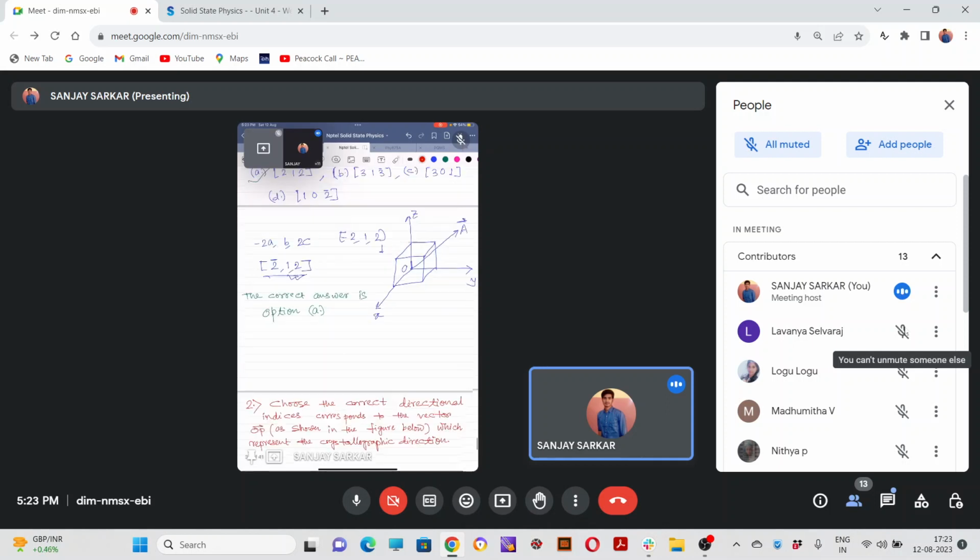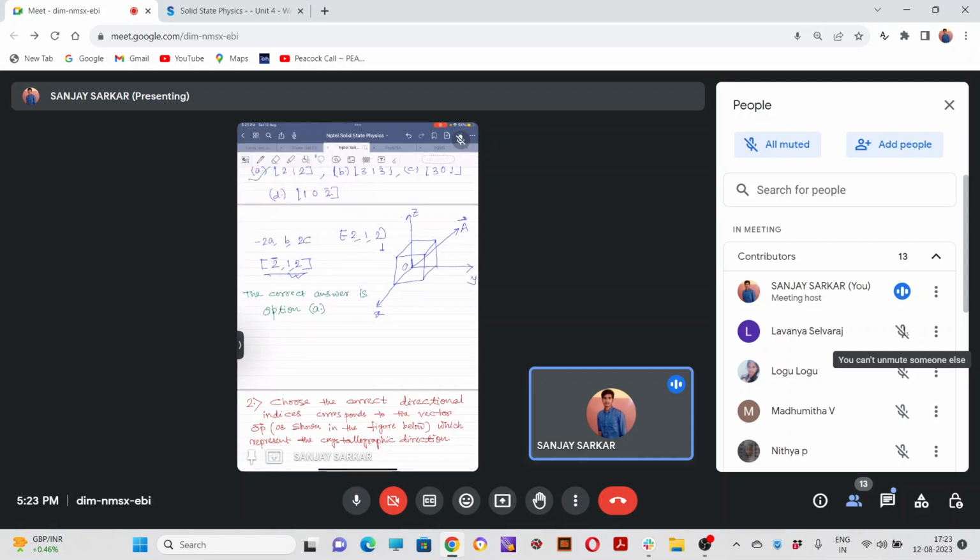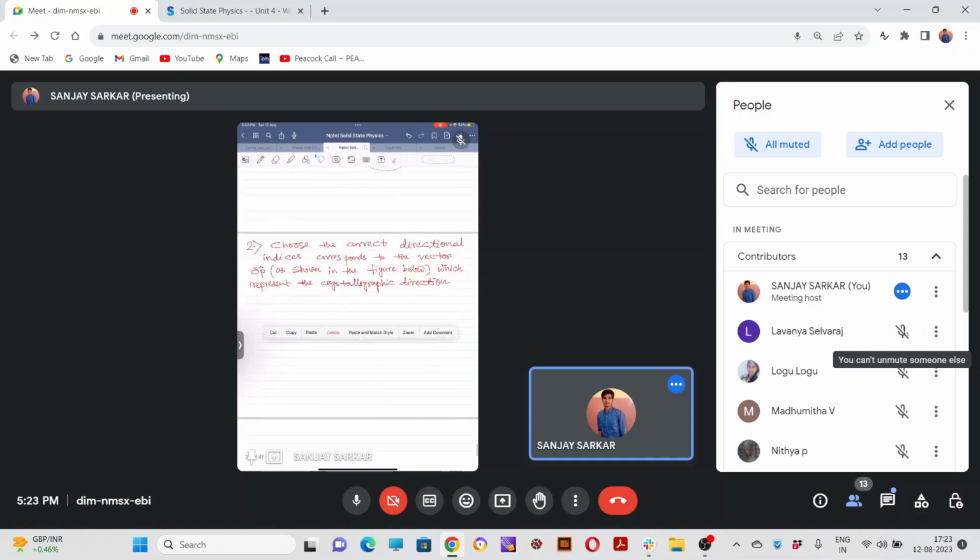It's again given by a figure like this. I'm going to copy this from here. So instead of this A vector, we have a vector OP.